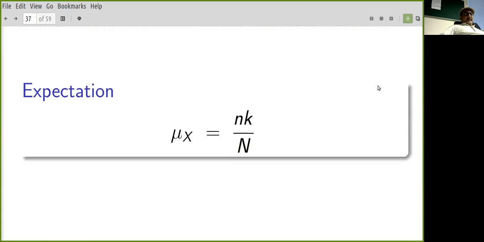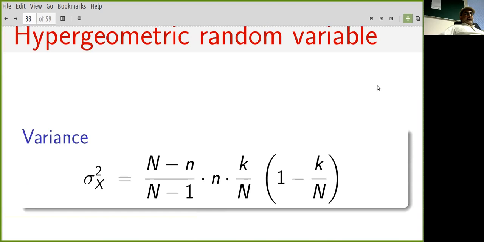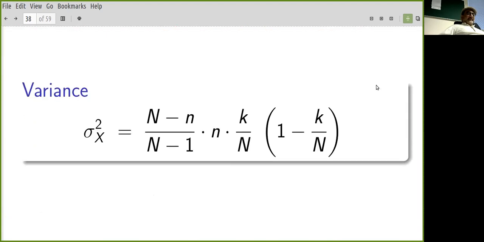If you do that calculation, you get small n times k over capital N. And the variance for the hypergeometric random variable is capital N minus small n over capital N minus 1, times small n times k over capital N times 1 minus k over capital N.